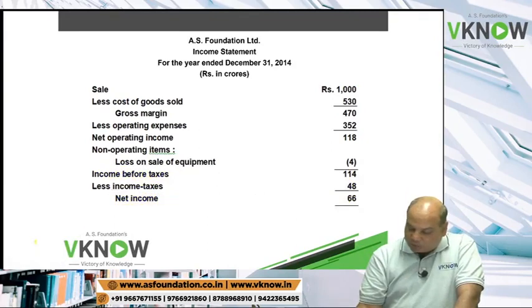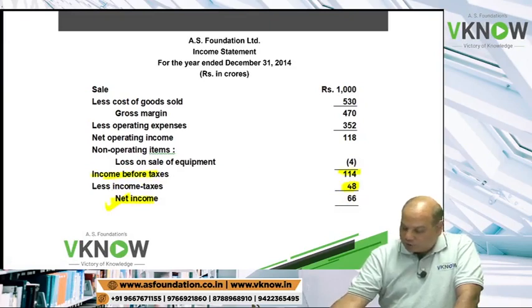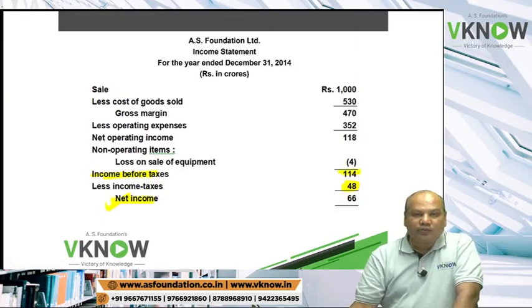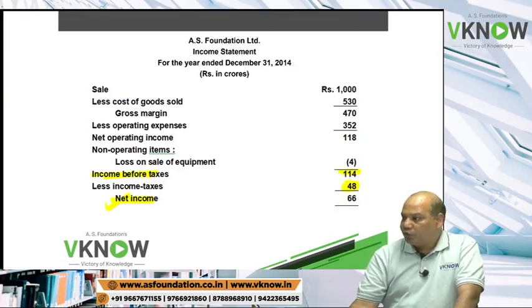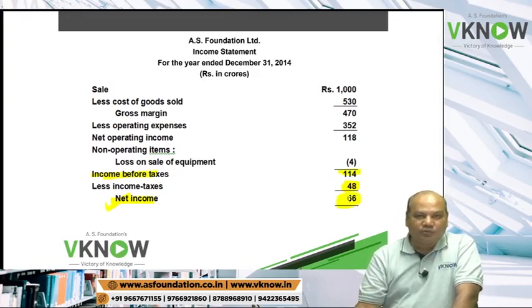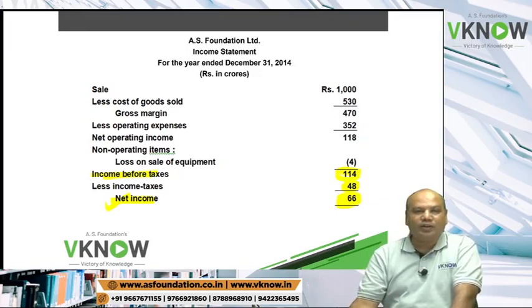Depending upon where you start, you have to decide whether to add the income tax provision or not. So one more time, if you are starting with 66, add back provision for tax. If you are starting with 114 in the cash flow statement, do not add this income tax provision.